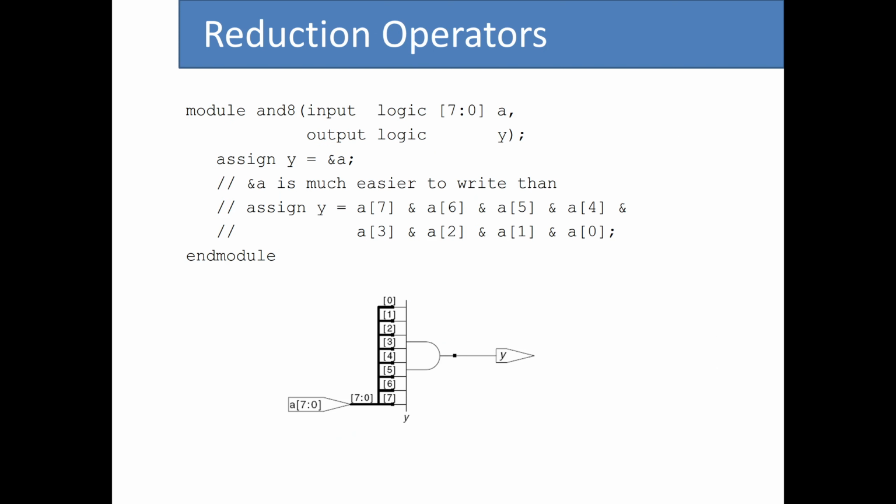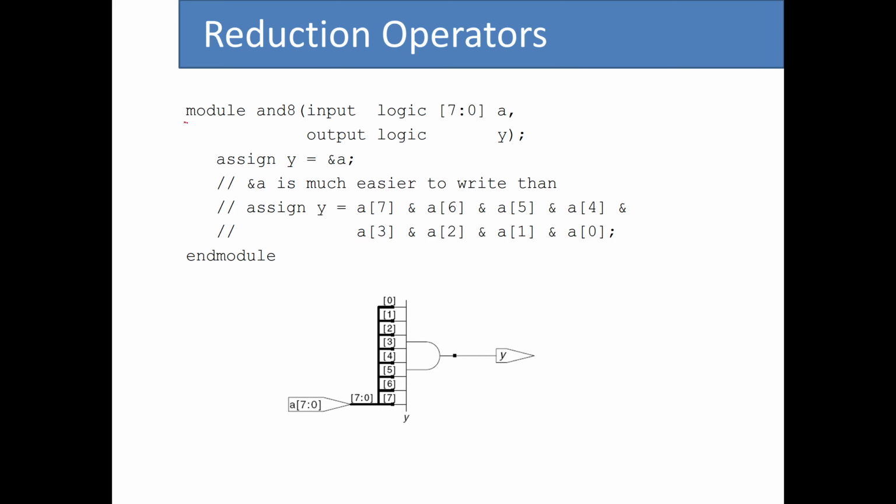So what if we want to apply a function on all the bits of one single multi-bit number? Here is an example. I want to create a module that calculates the result of ANDing all the bits of an 8-bit number.